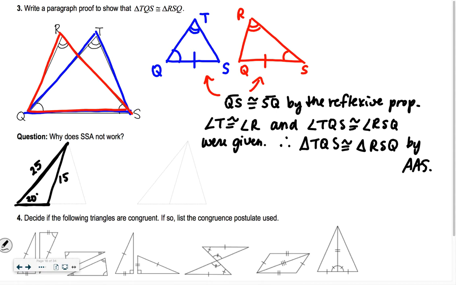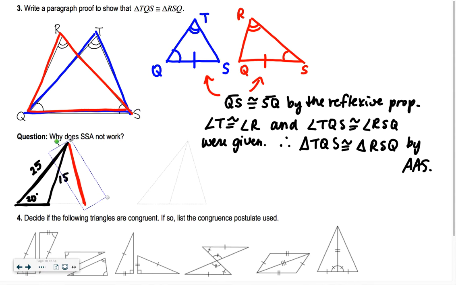Imagine this segment that's marked with 15 is on a hinge. Do you guys know what a hinge is? Like a door hinge. It's going to open and close. So I'm going to rotate this line right here, and move it over here.